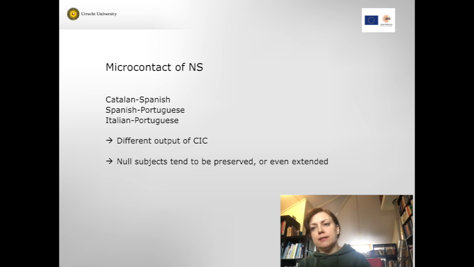If you look at microcontact now, Catalan in contact with Spanish, Spanish in contact with Portuguese, and Italian in contact with Portuguese, you see a different output for change in contact. There have been several studies on this, and I'm not going through them, I'm sorry, the references disappeared. And what we know is that prodrop doesn't disappear. Null subjects tend to be preserved.